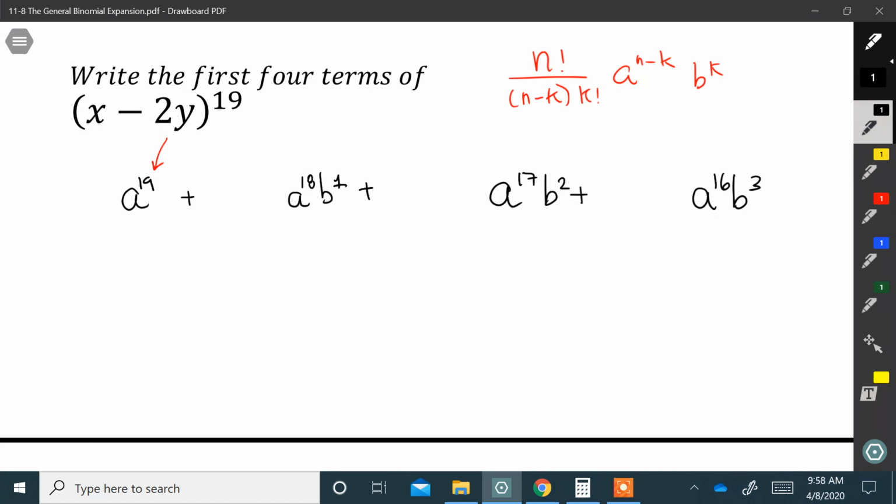Okay? So k in this case is 0. The n is going to be 19.